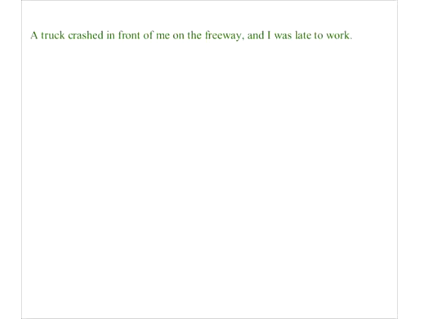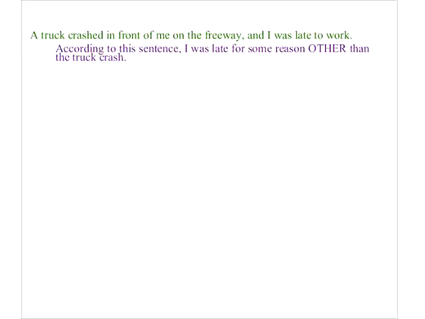Truck crashed in front of me on the freeway and I was late to work. Okay, yeah, so good. The answers that were coming in here are all very good. This is correct. According to this sentence, I was late for some reason other than the truck crash.